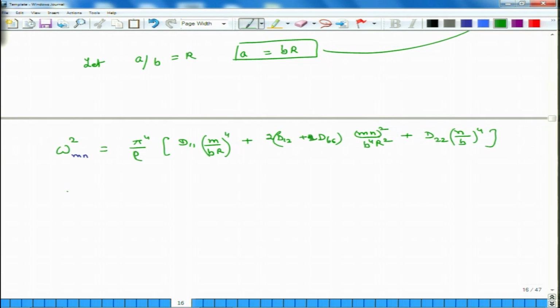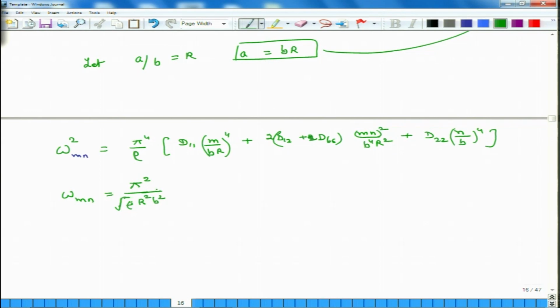Okay. So, I get omega mn is equal to, if I take the square root of this entire thing and bring b outside, pi square over rho r square b square.